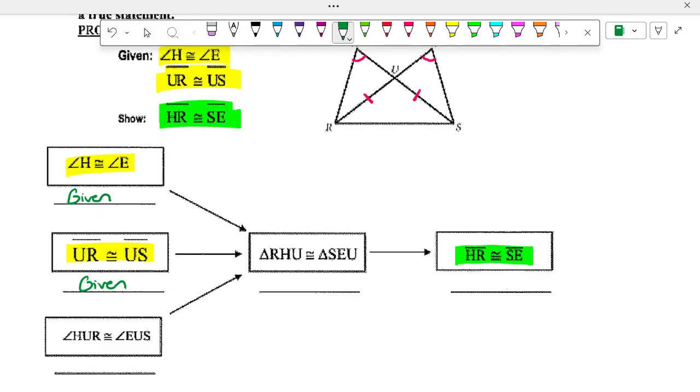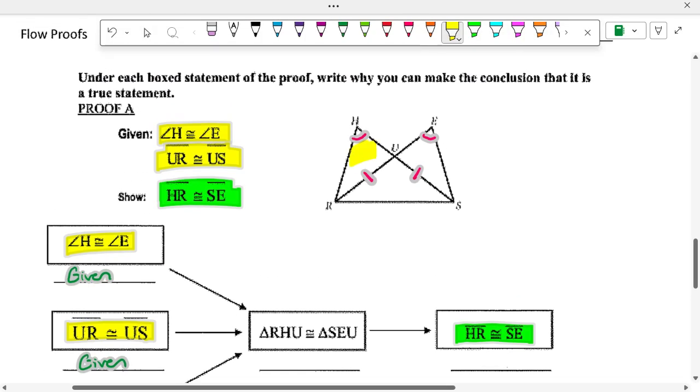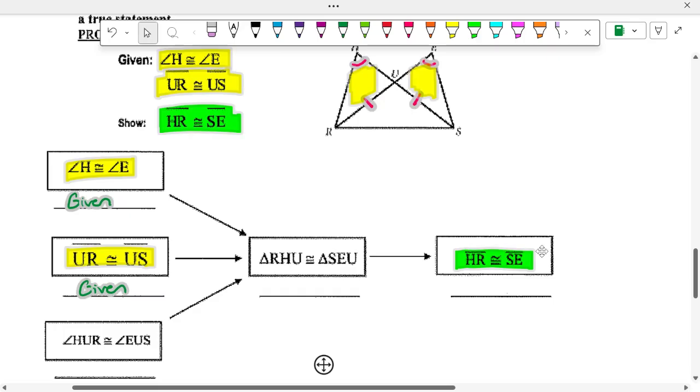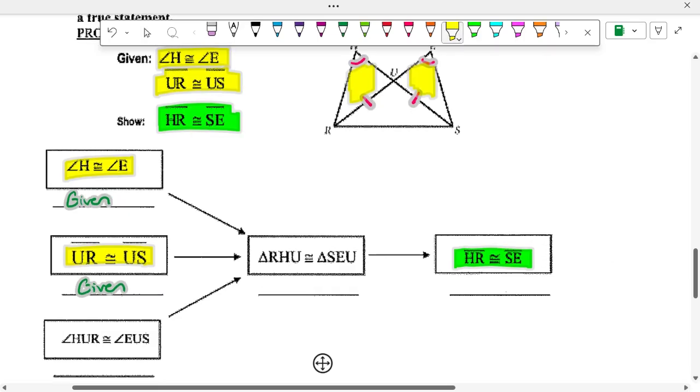Now, the route that they're going for is they're trying to prove that these two triangles right here are congruent. All right, because remember, if we can prove that the two triangles are congruent, what can we say is the reason for this last one?